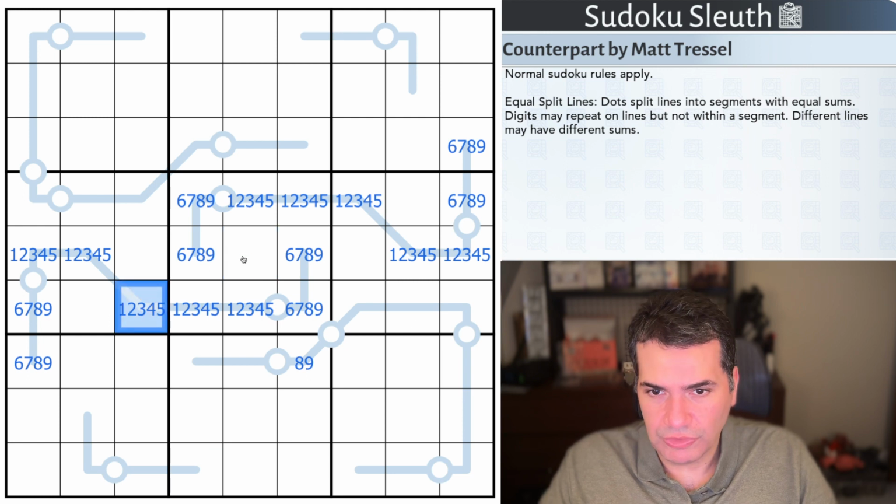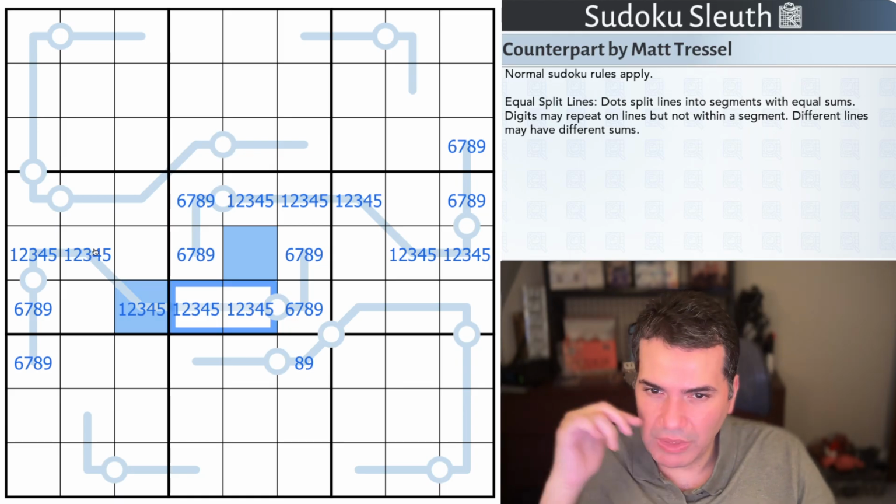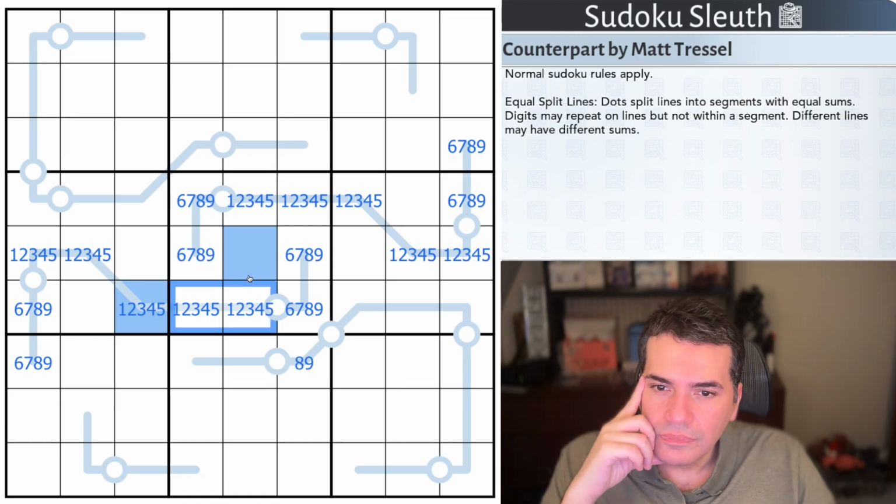I may end up doing some bit of coloring, is essentially this cell, because I have to have all of the digits 1, 2, 3, 4, 5 in here. Yes, and these are two of them. Hang on. I may be wrong on this one. I'm almost certainly wrong on this one.